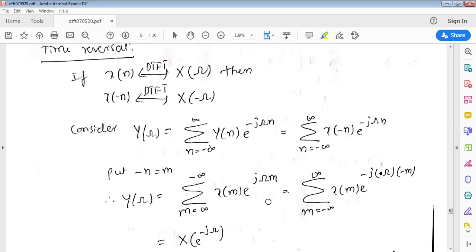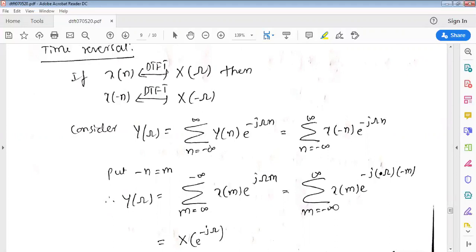This is equal to, now interchange the order of summation. Remember, if you interchange the order of summation, there is no change in the value of the summation. But if you interchange the limits of the integral, then integral will get a minus sign. That's the difference between integral and summation. Now I am interchanging the upper limit and lower limit.